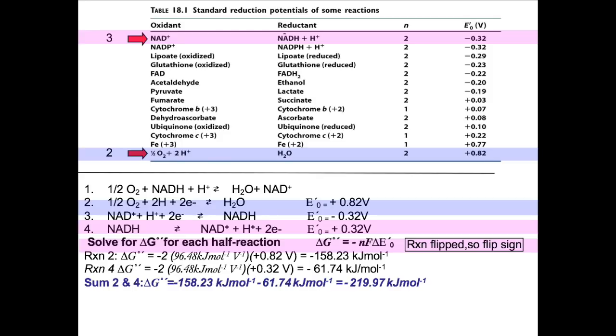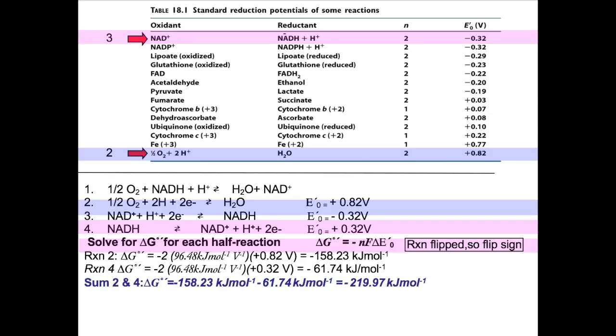The next half reaction that we have to look at is reaction number 3. This is NAD plus H plus 2 electrons yields NADH. And the electron transfer potential for that half reaction is negative 0.32 volts. But wait a minute, we're not looking to reduce NAD plus, we're looking to oxidize NADH.